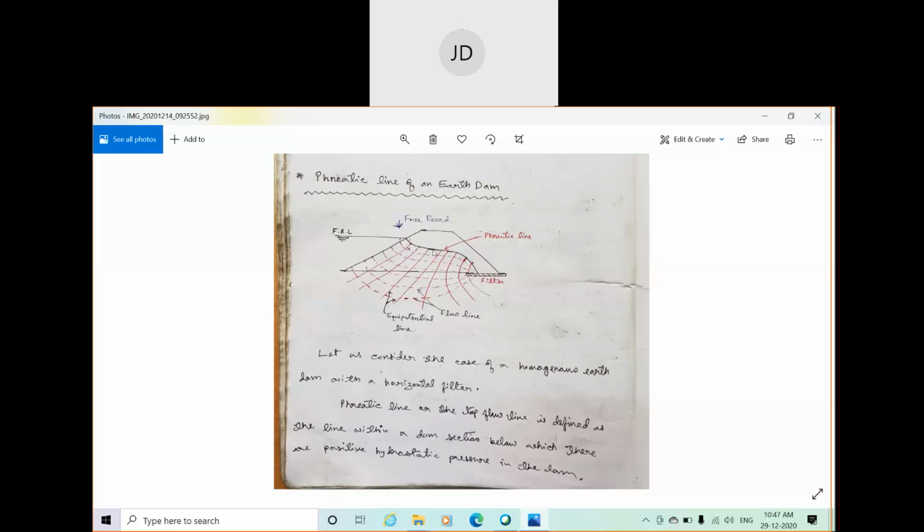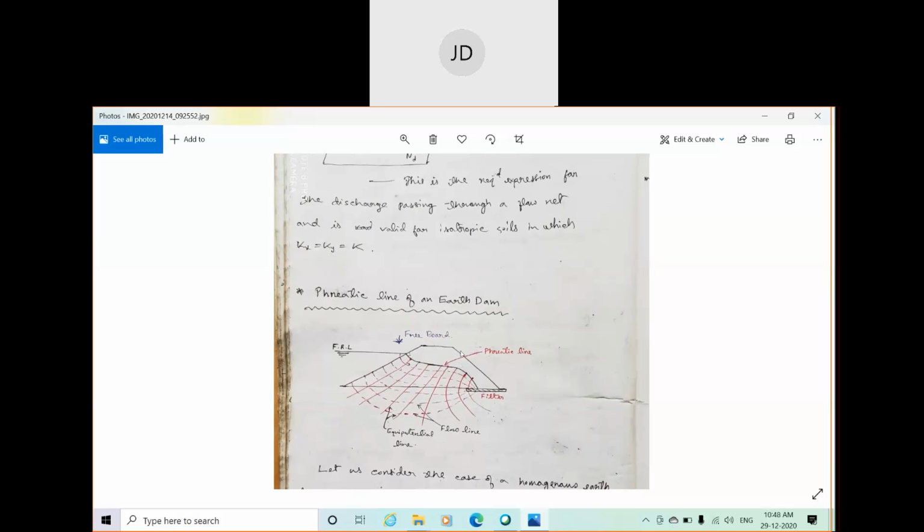So below this phreatic line there is hydrostatic pressure because water is flowing under hydrostatic pressure, and above this there is atmospheric pressure.